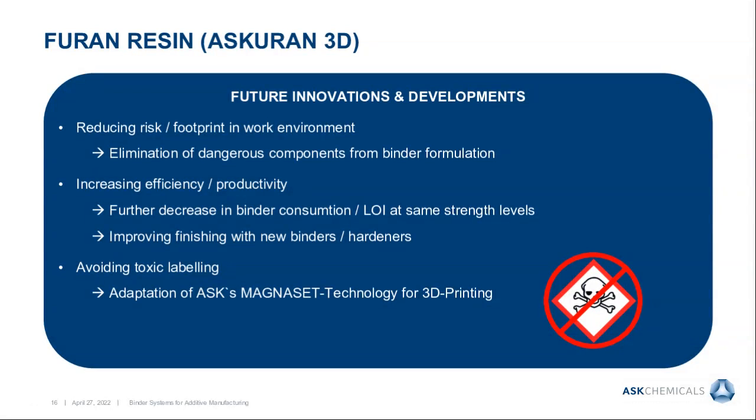And as already mentioned previously, improving the finishing with new binder formulations and new hardener formulations so that this becomes less and less intensive. And last but not least, we want to avoid the toxic labeling of the binder altogether by adapting ASK's MagnaSet technology for 3D printing in the future.